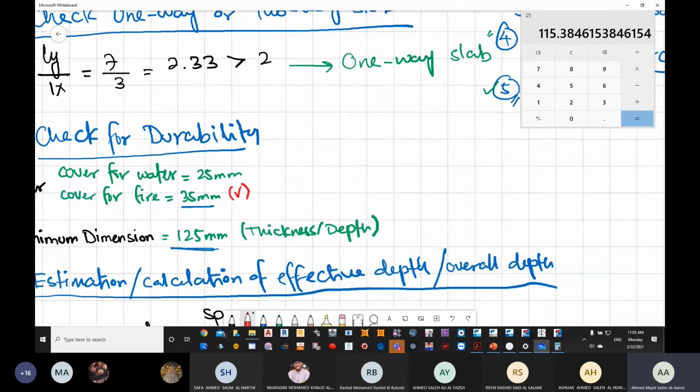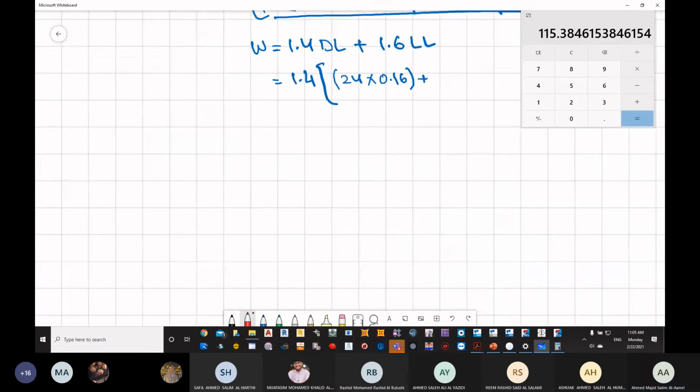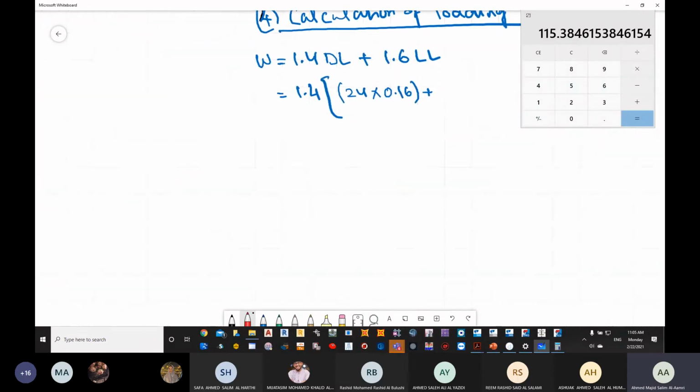Okay. Now to illustrate that, what we are trying to say is that this is my slab. This slab has a depth of 160 mm.